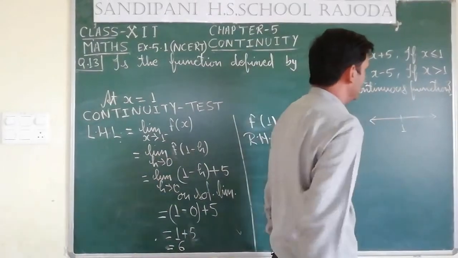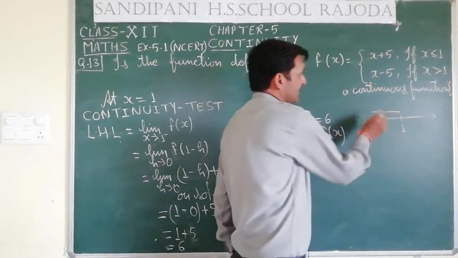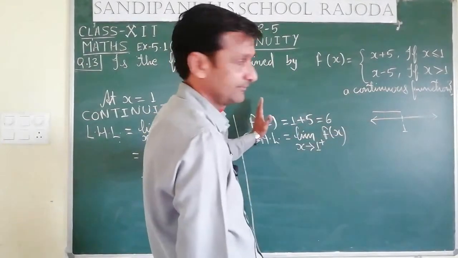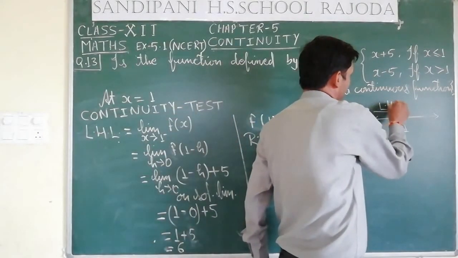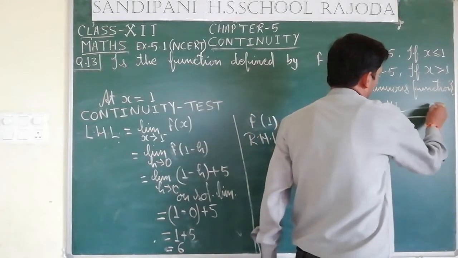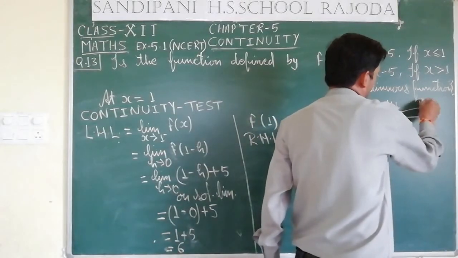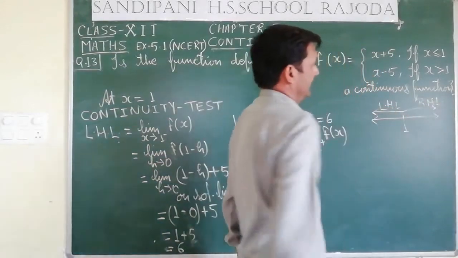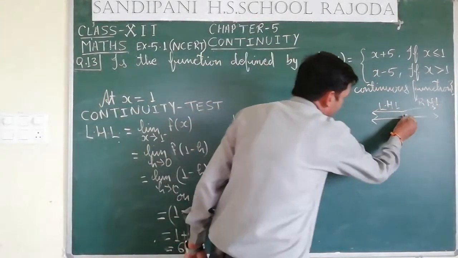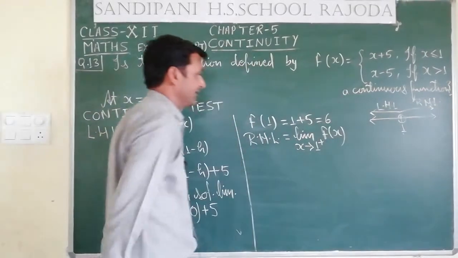Suppose it is 1, then 1 minus is LHL, this is the left hand side, and at 1 plus it is RHL. And at 1 we have to put the value 1 directly.